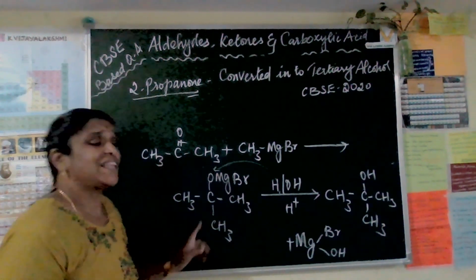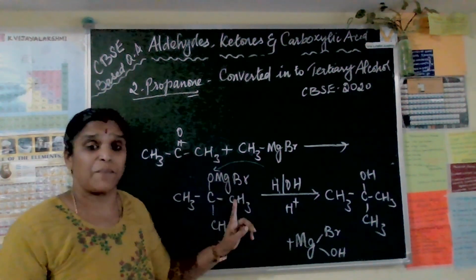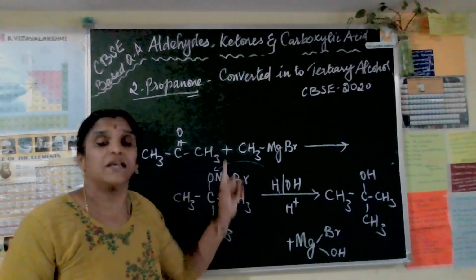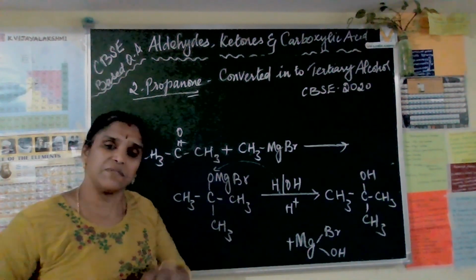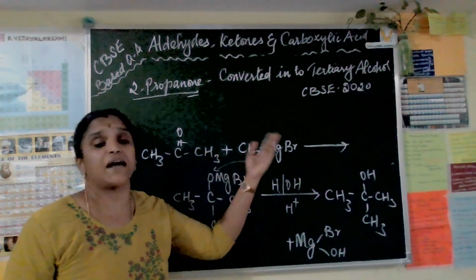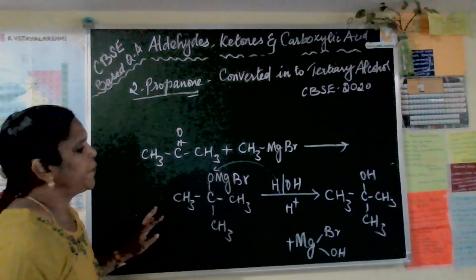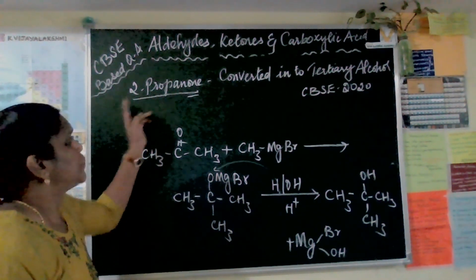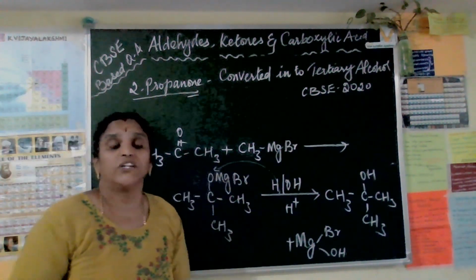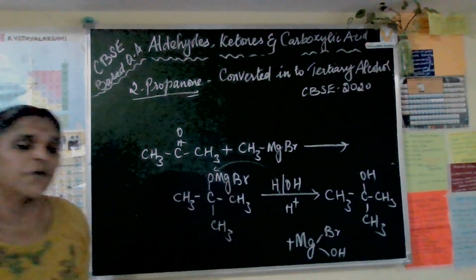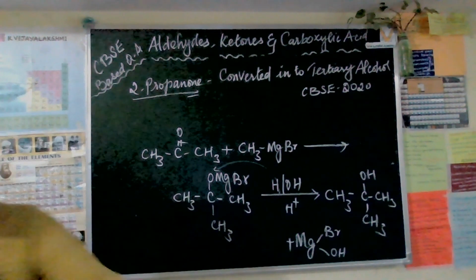We have already seen this in our last chapter. That's what I mentioned: organic chemistry is interrelated. They may ask that question there as well as here. Sometimes these aldehyde questions may also be asked in haloalkanes and haloarenes. Hope you understand how 2-propanone is converted into tertiary butyl alcohol, which we can also call a tertiary alcohol.